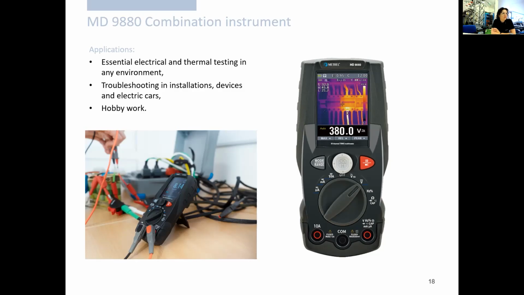Then the multimeter can be used to check the presence of voltage on the battery or at any point in the car. It can be used to measure resistance of the contacts. The capacitance measurement can be used to check for moisture and similar. The multimeter and thermal view so complement each other in diagnosing the source of the problem.